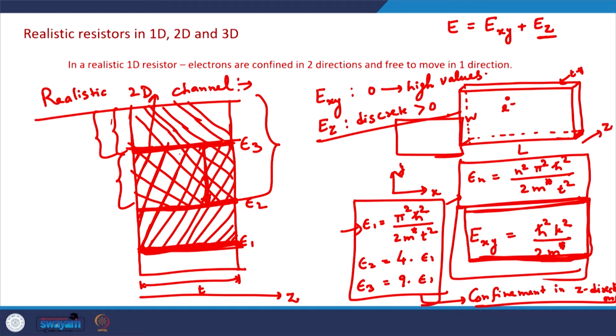Because of the free motion in the other two directions, the electron's energy can be from 0 to any value, so the electron can have energy epsilon 1 in z direction and any arbitrary energy EXY in xy direction. Electrons might have a subband at epsilon 1, another at epsilon 2, another at epsilon 3, and some of these subbands may overlap if these energies are not far apart from each other.